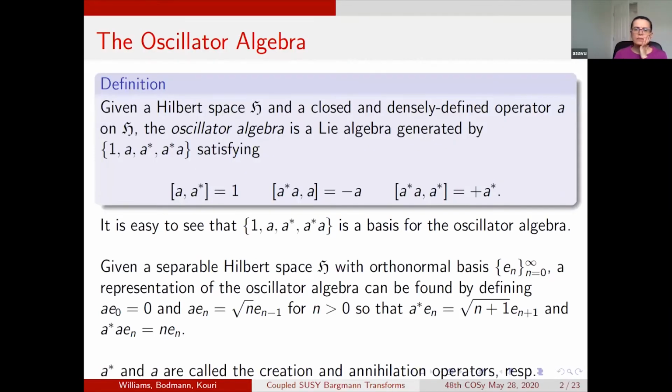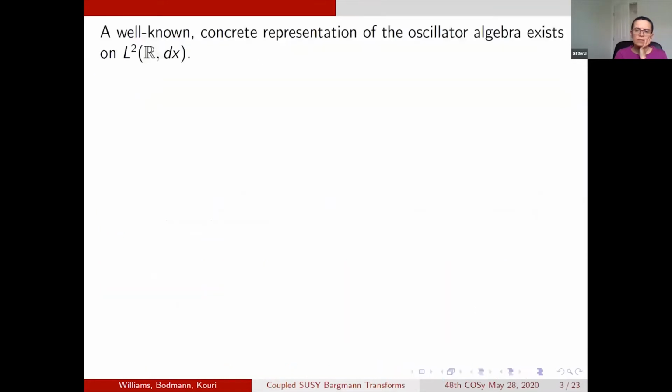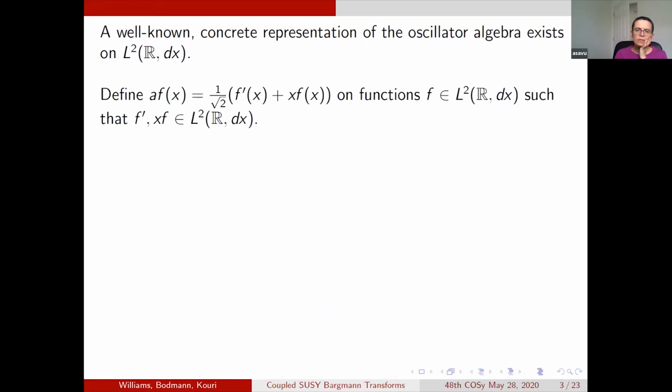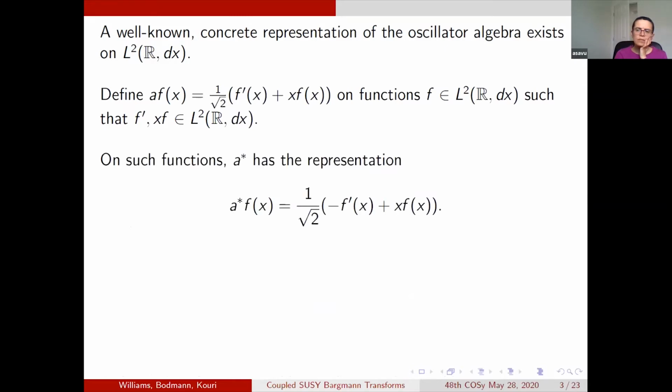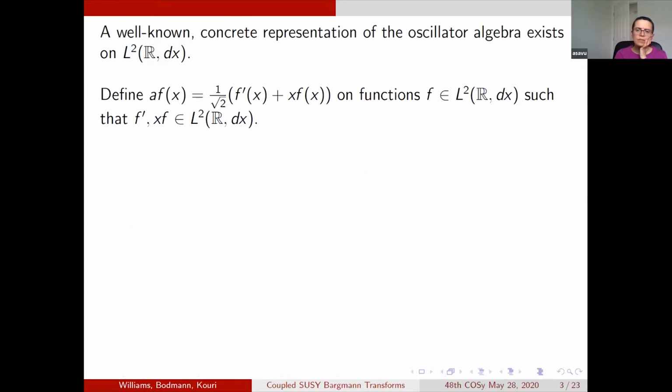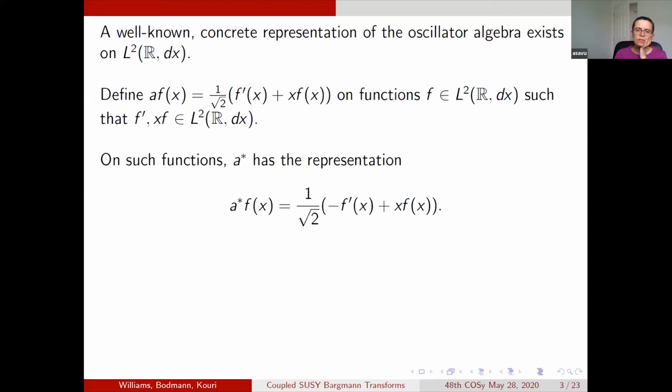So this is a nice abstract representation of the oscillator algebra, but we actually have a well-known concrete representation on L2 of R. And that is given by taking A to be 1 over square root 2 times d by dx plus x, effectively. Different people choose different normalizations, but not a big deal. So you have to do a little bit of domain of definition checking here, make sure things are well defined. I'm going to do that briefly on this slide and not do it anywhere else because I would not have enough time.